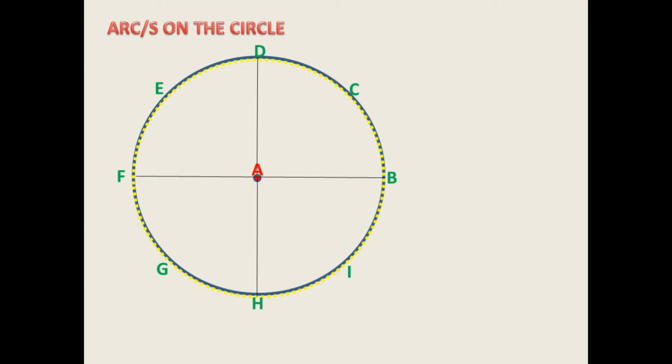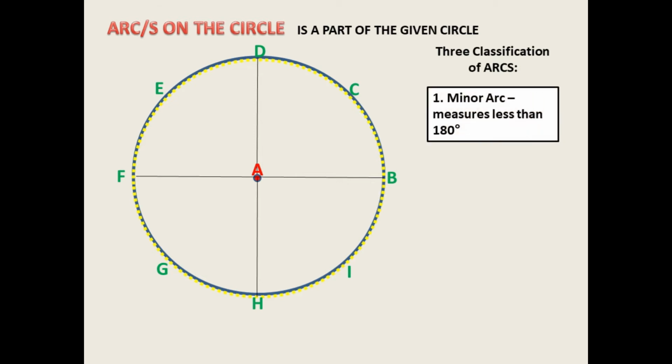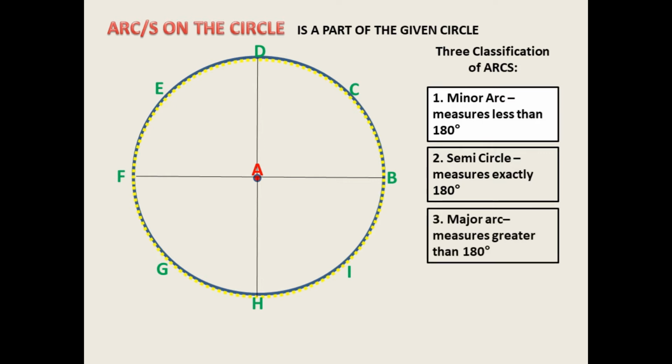So let's proceed now to arcs on the circle. An arc is a part of the given circle. We have three classifications of arcs. We have the minor arc, which measures less than 180 degrees; the semicircle, which measures exactly 180 degrees; and the major arc, which measures greater than 180 degrees. For example, we have arc DB and arc FI.